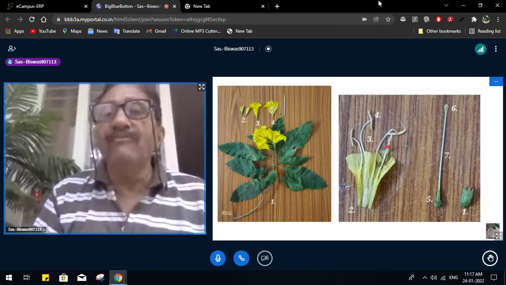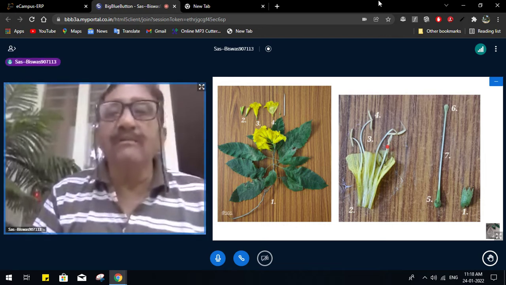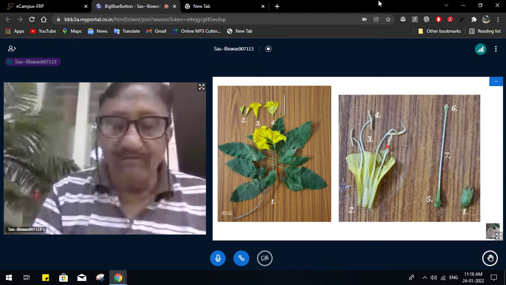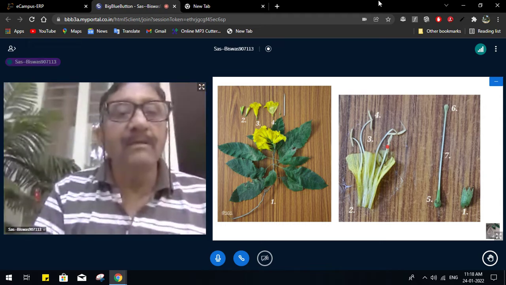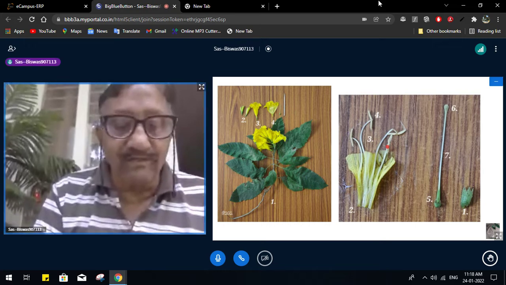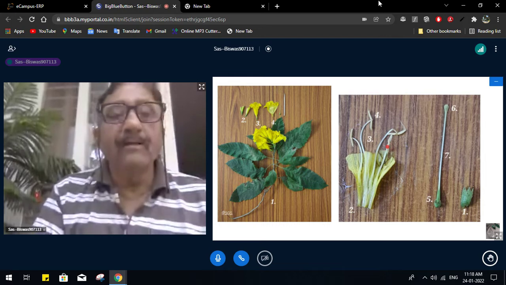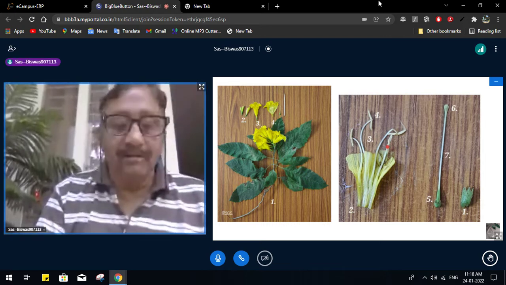So then comes the third one. The third one is flower, and the fourth is the dissected one. Dissected flower.